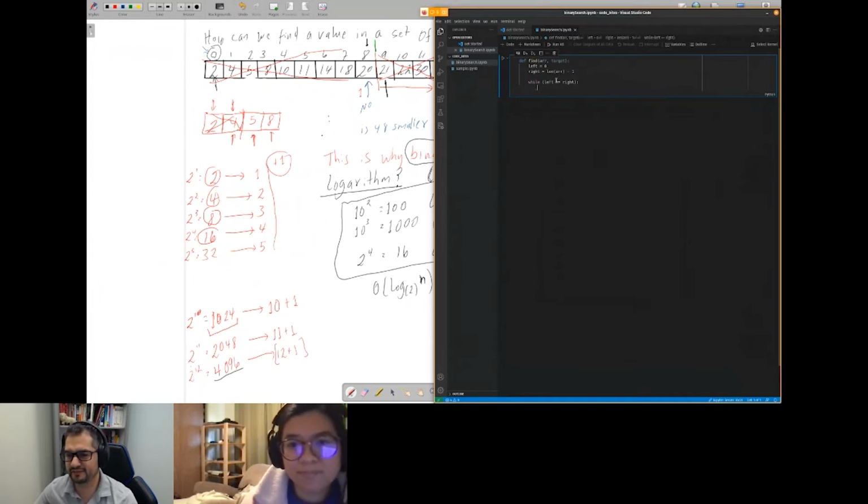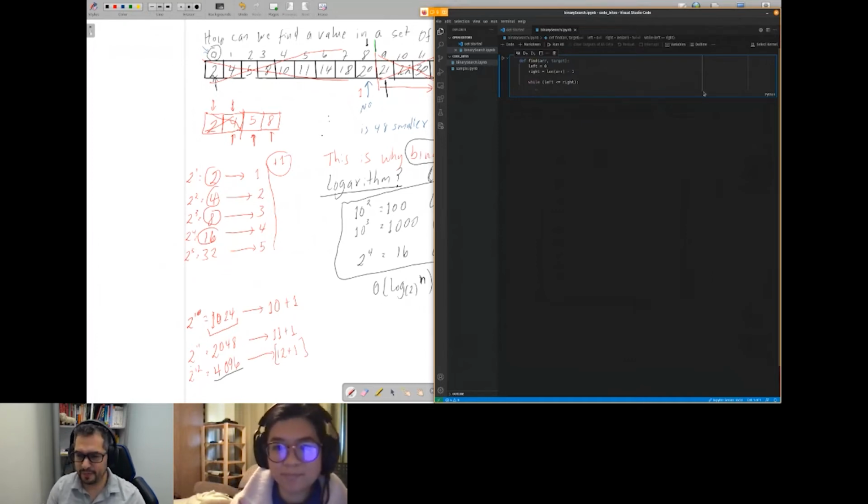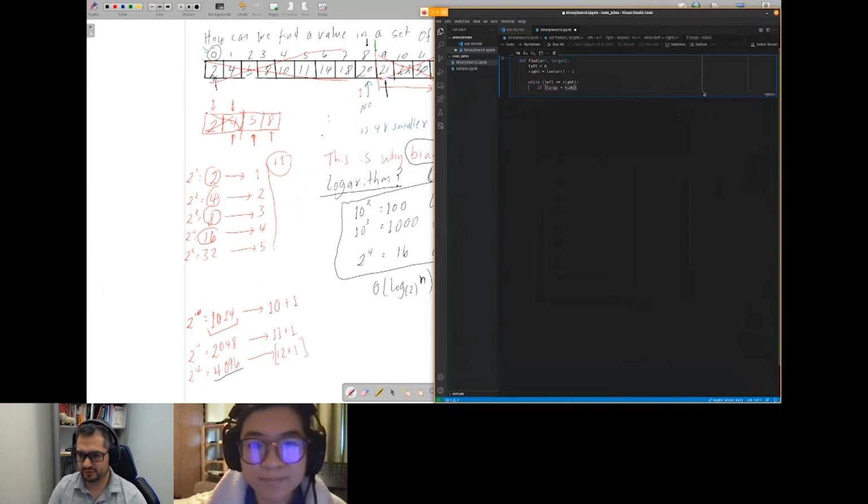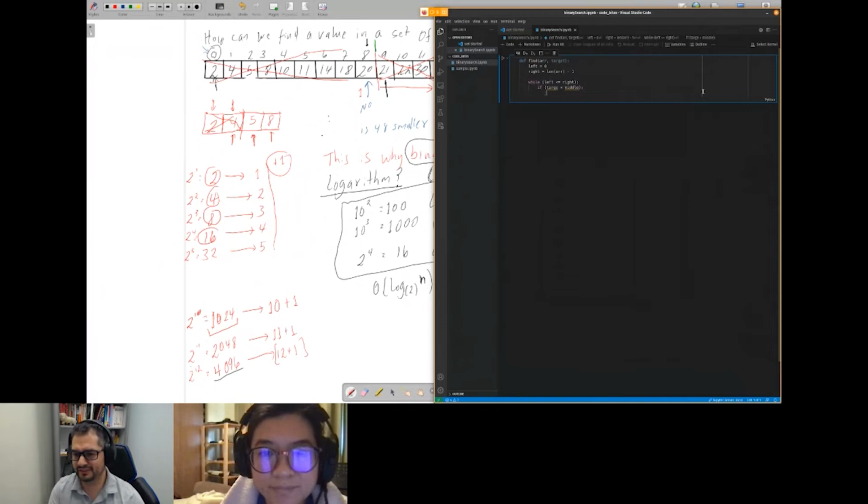This accounts for that. And then here, inside here, I'm going to ask myself, is the target element before or after the middle? I haven't calculated the middle yet, but that's what I'm going to ask myself.